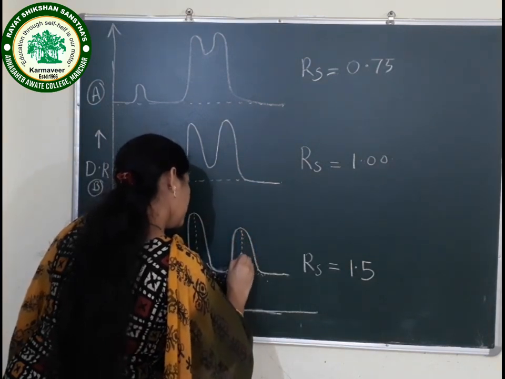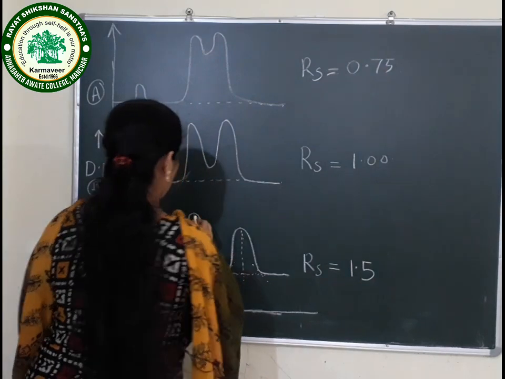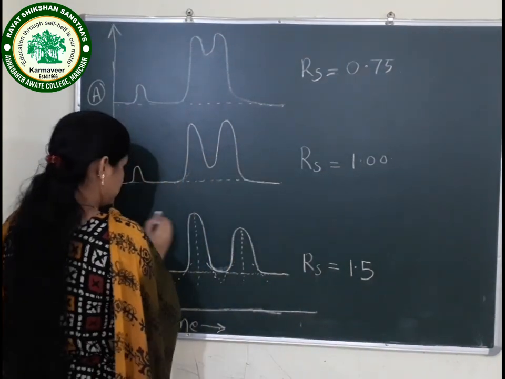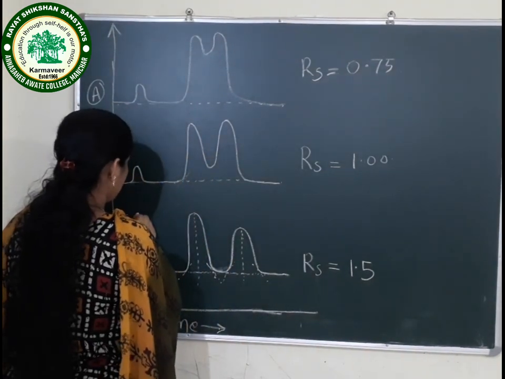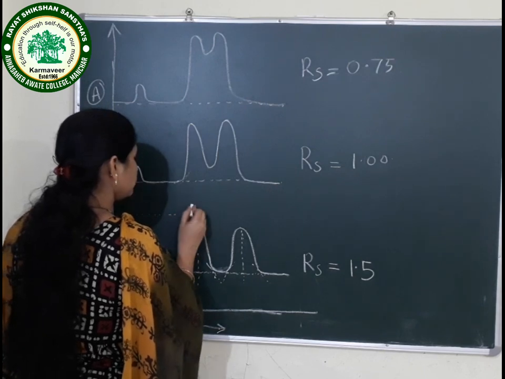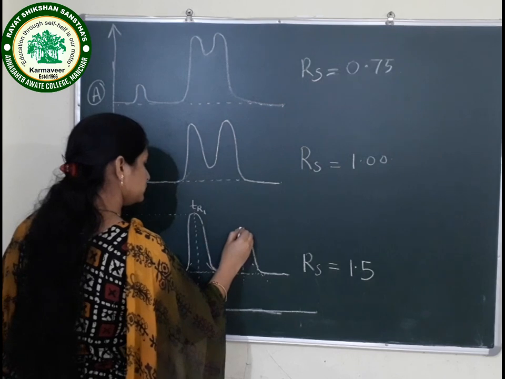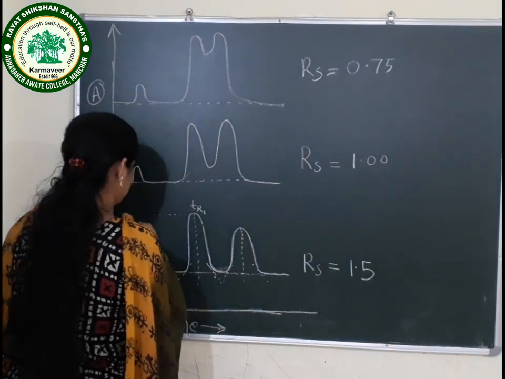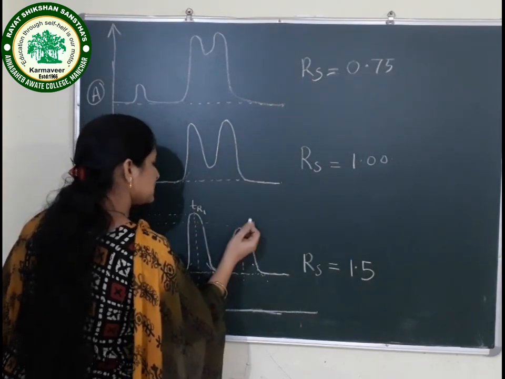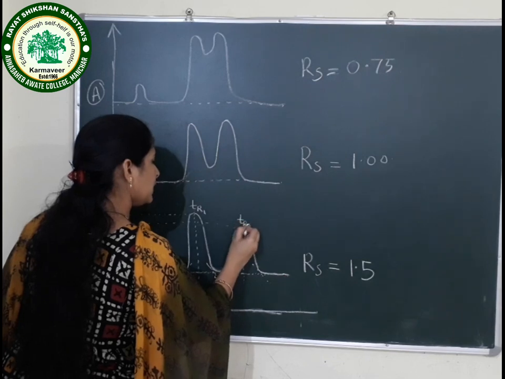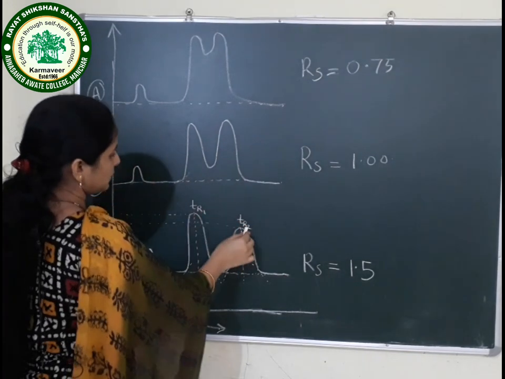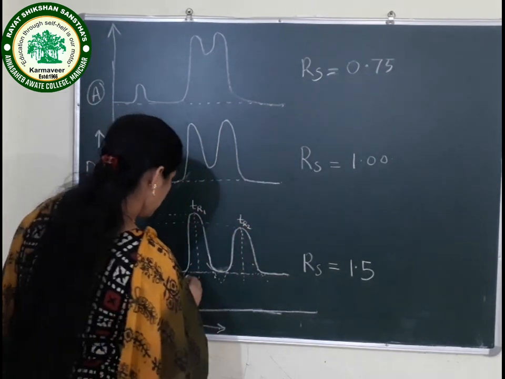Now at the center of this peak we draw one line. This line corresponds to TR1, and this line corresponds to TR2, means retention time 1 and retention time 2.